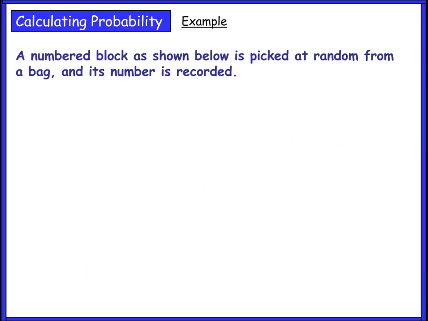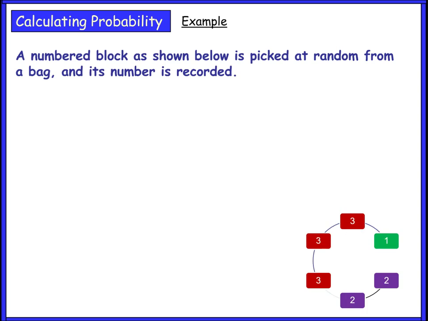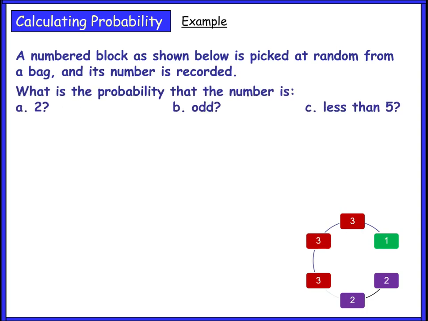Another example, numbered blocks here. A numbered block is selected at random and its number recorded. So the questions we have: what's the probability that the number selected is 2? How many 2s are there? 2 out of a total number of 6.